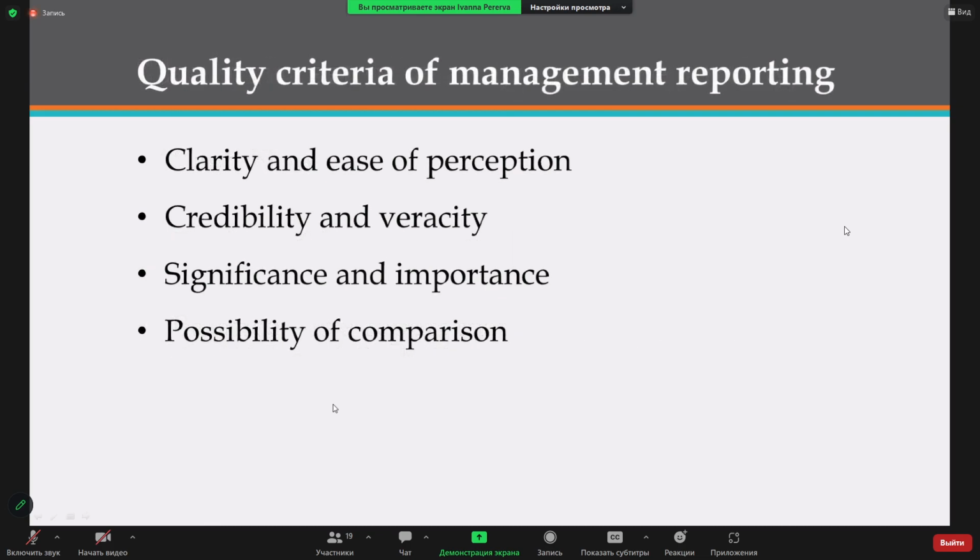According to the information that could be included in your different reports, there are also some criteria, and some of them you can see here. First one is understandability and ease of perception, or clarity. What does it mean?